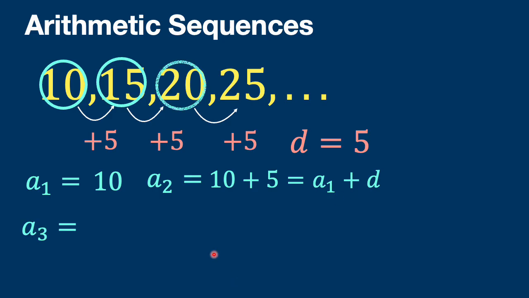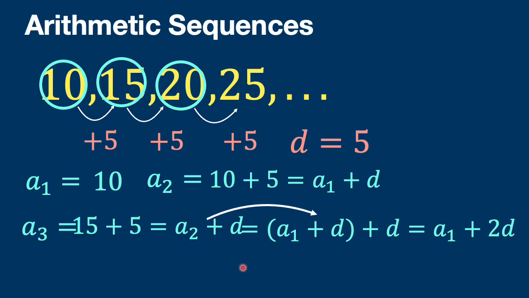A3 is going to be 20. 15 plus 5. 15 is A2, so A2 plus D. A2 is what? A1 plus D. So A1 plus D plus D, which is A1 plus 2D.